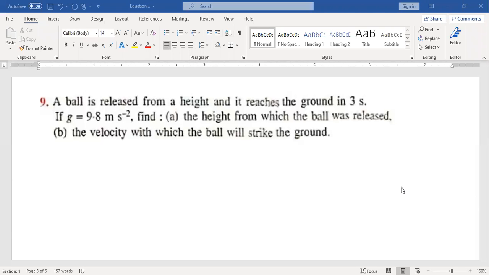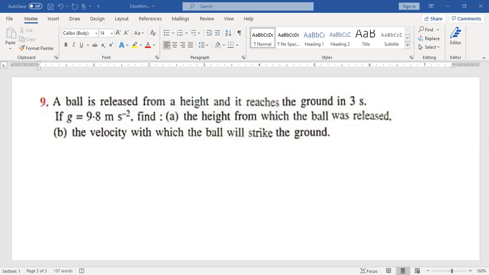Students, let us start some unsolved questions given on page number 80 and 81 on the topic based on freely falling object, in which we studied about downward and upward motion.